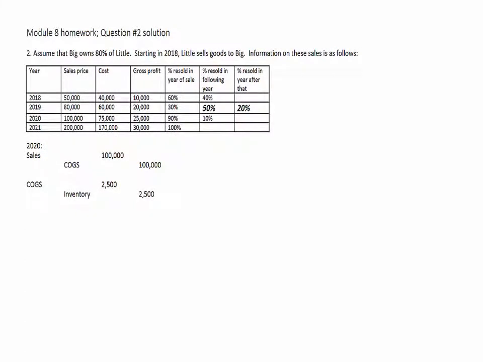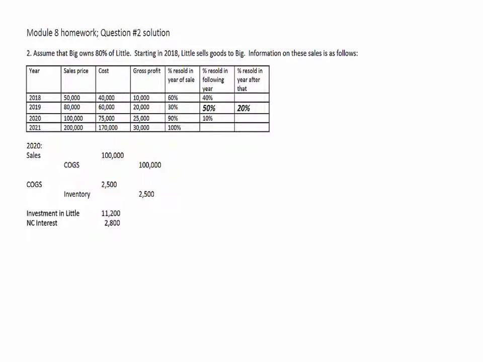Next, we carry forward the unrealized profit from the previous year. Recall that last year we deferred 70%, or $14,000, of the 2019 gross profit. We carry that forward, again debiting the investment in Little and the non-controlling interest for 80% and 20% respectively.